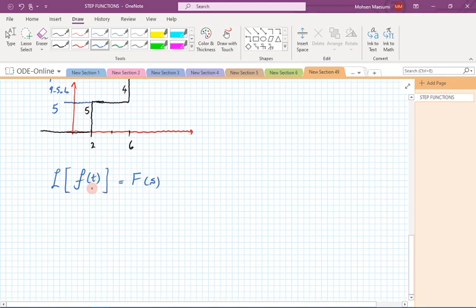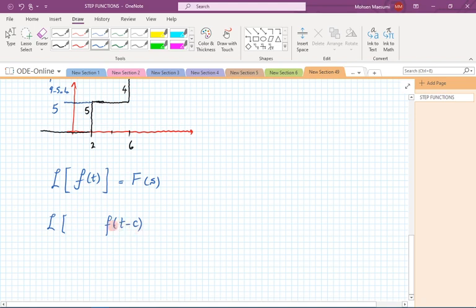Now what we want to show is that if you take this function, delay it by 3 seconds and turn it on at that moment, what would be its Laplace transform? So what we are after is the following. We take this function, delay it by 3 seconds. That's how we write the delay of a function, f of t minus c.